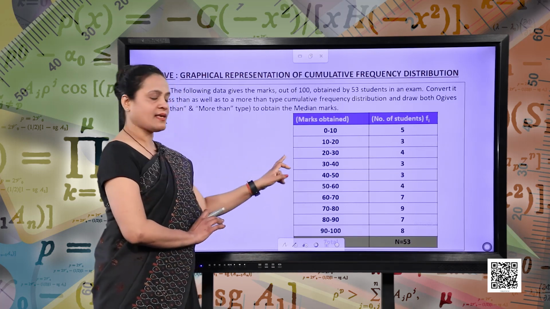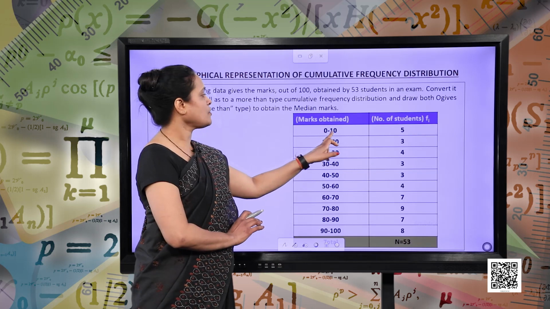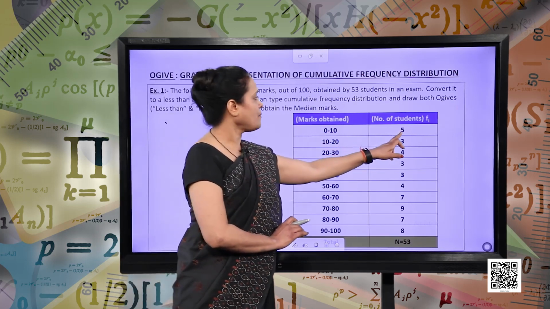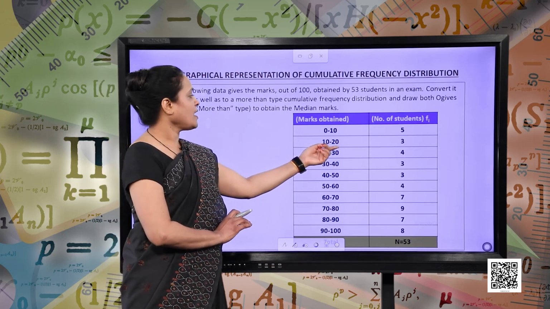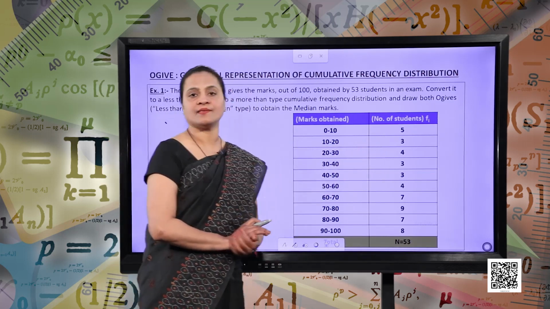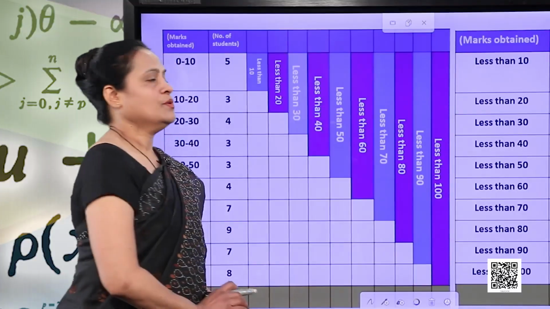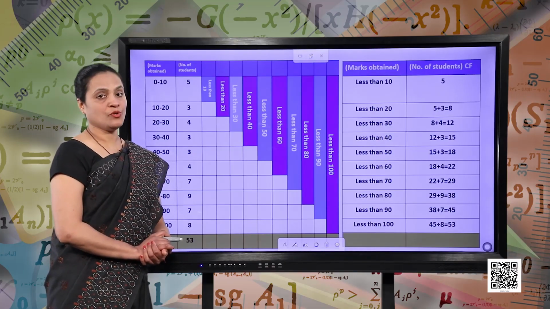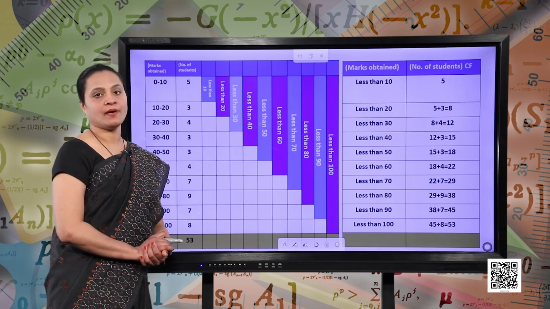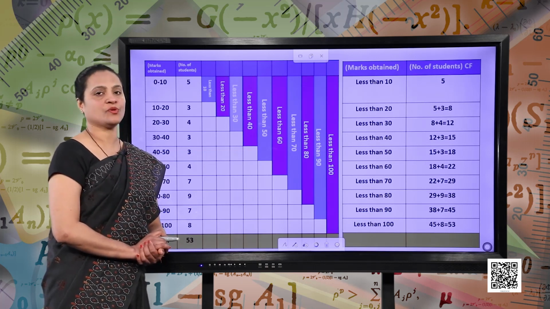The data says marks from 0 to 10 are obtained by 5 students, 10 to 20, 3 students, and so on. So, we are going to convert this distribution into a less than type cumulative frequency distribution.